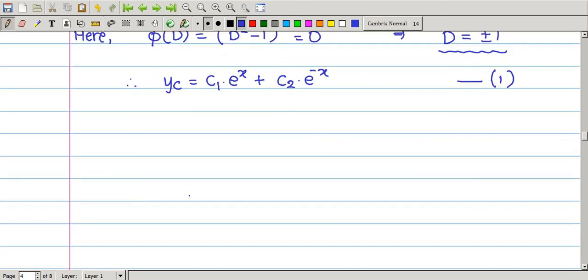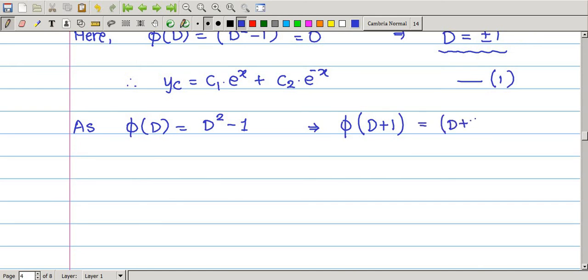For the shortcut method formula, phi of d is equal to d square minus 1. So we have to replace d by d plus a, since a is equal to plus 1. So it is equal to d plus 1 bracket square minus 1.